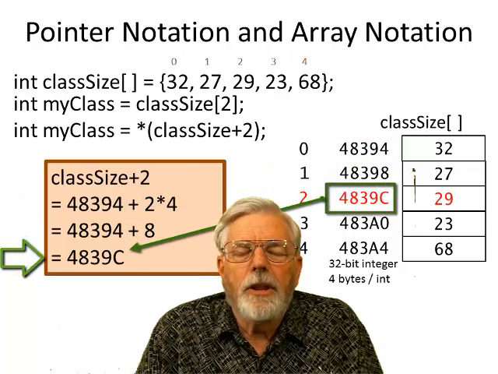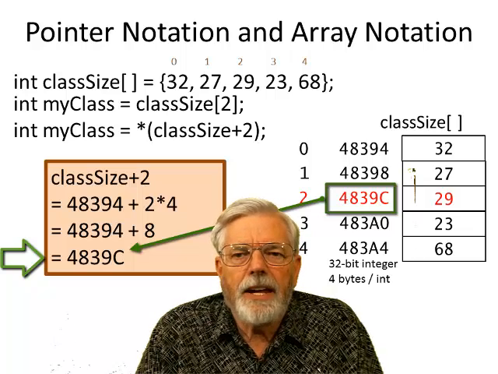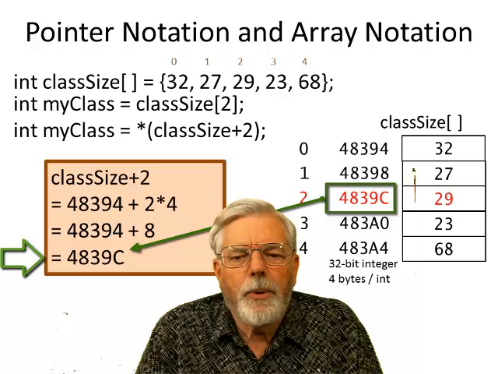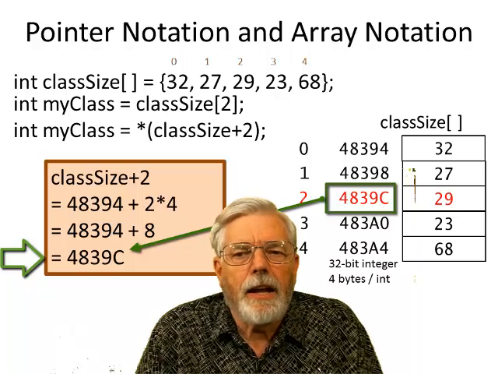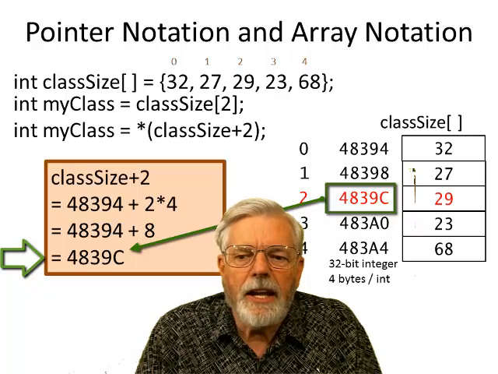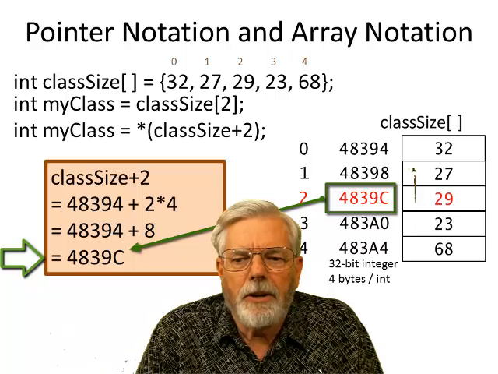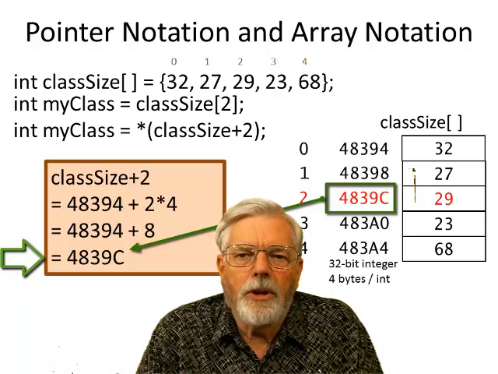So it automatically moves down to the next element. In this case, I'm moving 2 elements, so I'm moving 8 bytes. So I'm going to end up with 48394 plus 8. And using hexadecimal math, that's going to give me 4839C, which is going to be the address right there where it's index 2, or the third element.